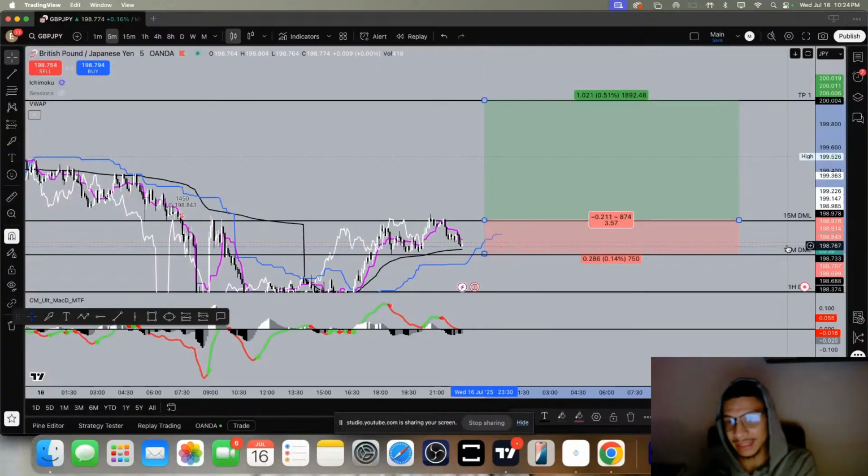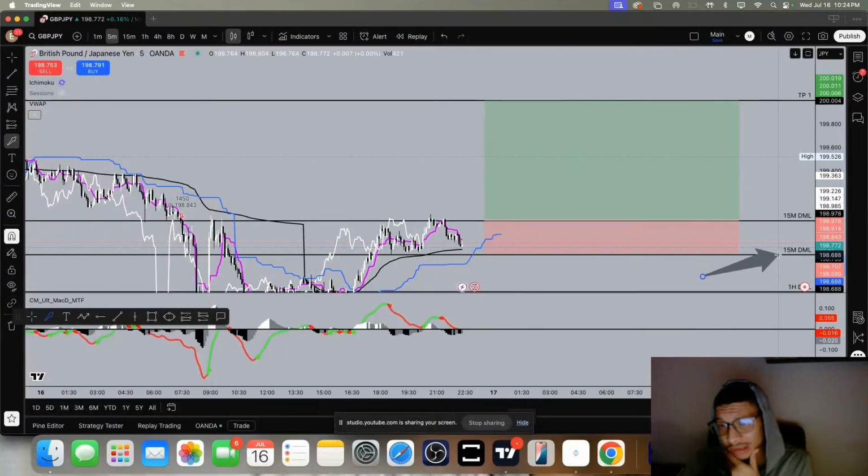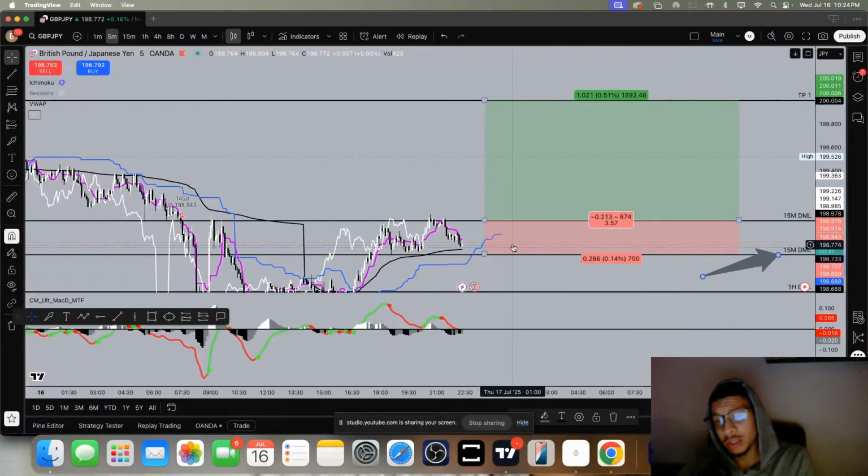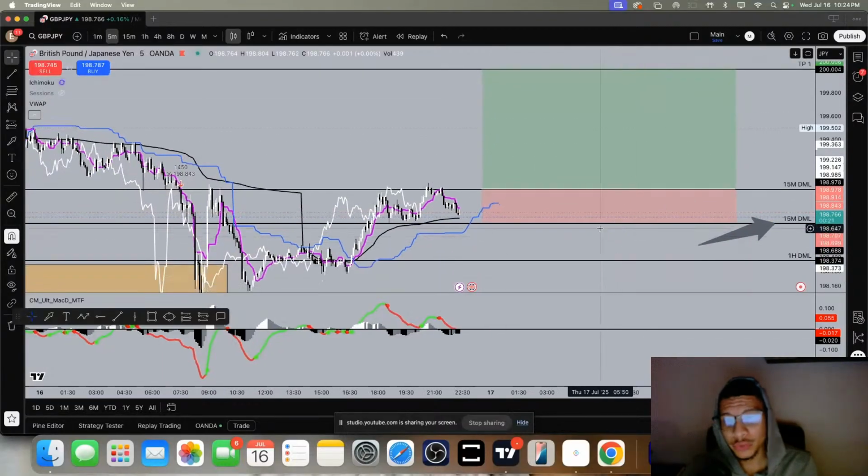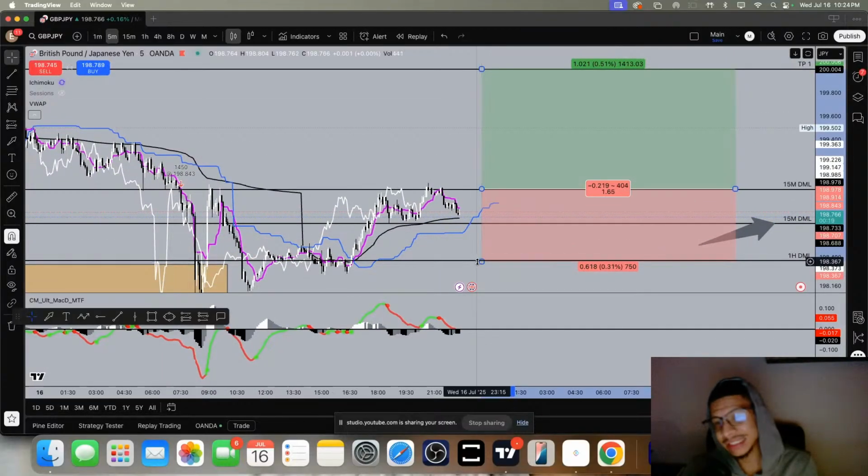This 15-minute decision making level is where my stop loss is, and it's only 30 pips away from where my entry would come from. I'm cool with risking 30 pips. That's about $3, right? I'm cool with risking that. I'm even cool with risking 60 pips.